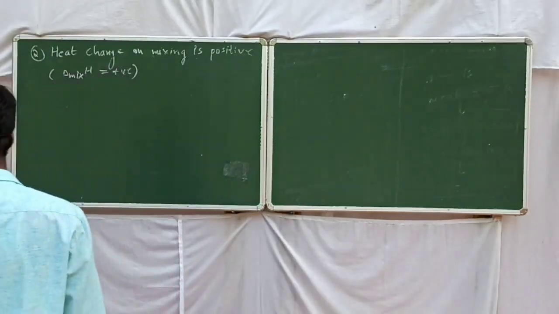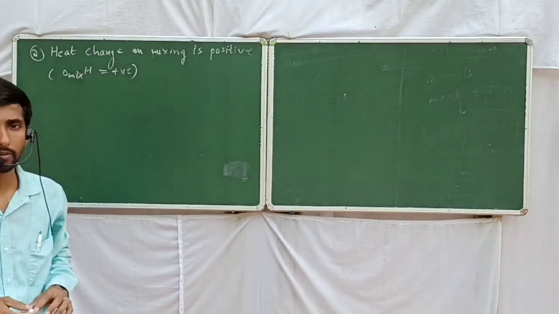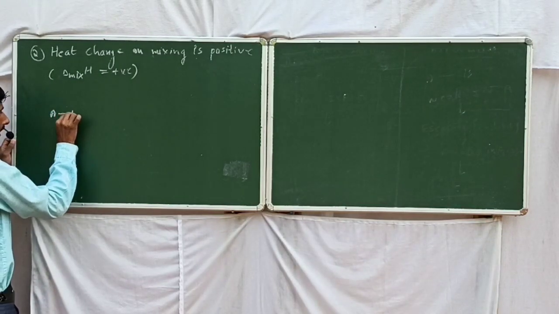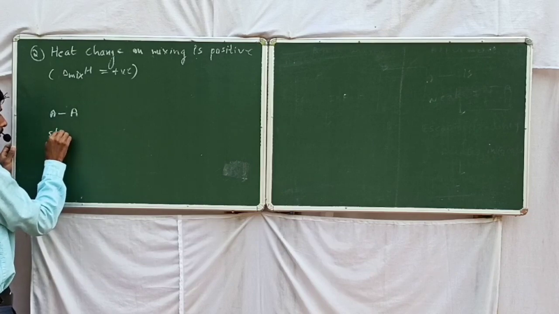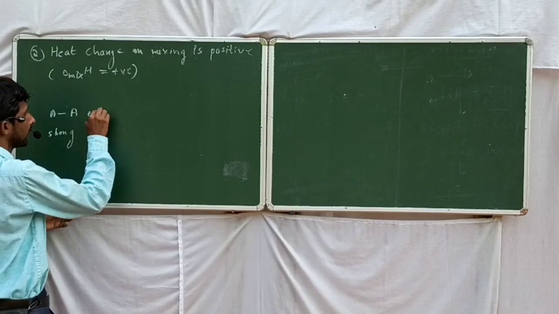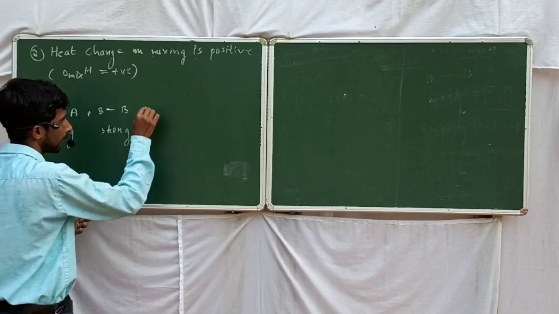Okay, so consider a volatile solution of two liquids A and B. Between A and A we have strong intermolecular force of attraction. Between B and B also we have strong intermolecular forces of attraction.